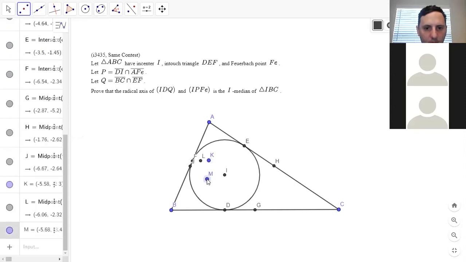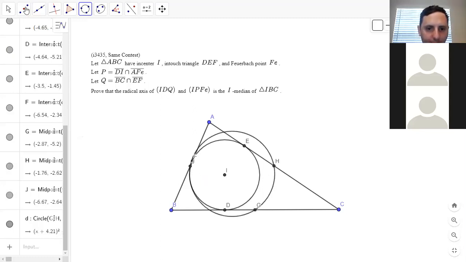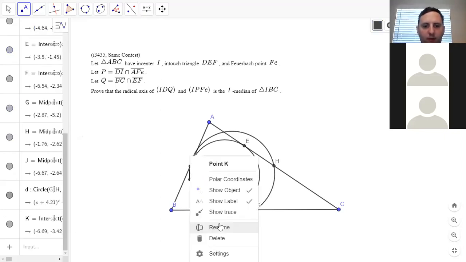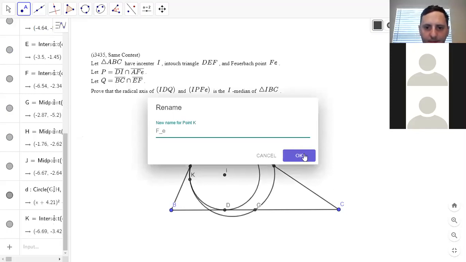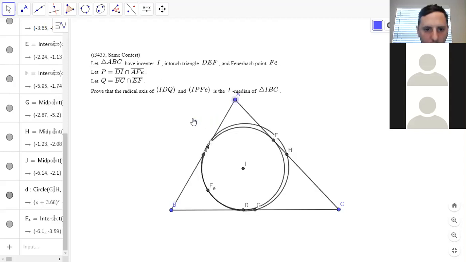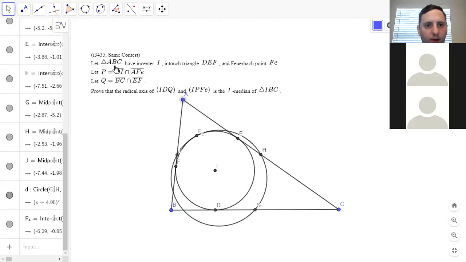So here's the Feurbach point. Let me try to make it closer to A, just because I think it looks nicer. So I'll call it FE. That looks kind of nice, I feel like.